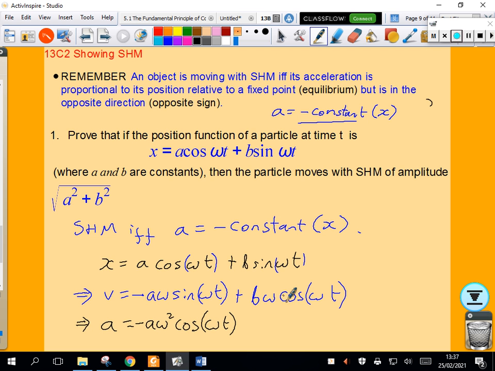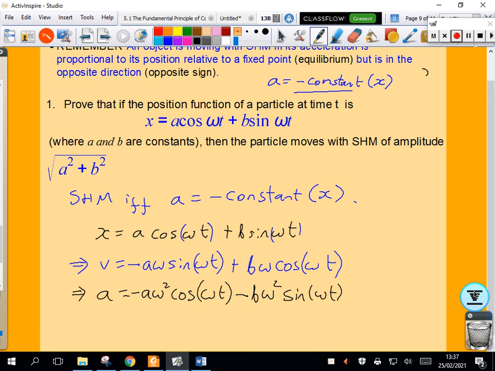Similarly, taking the derivative of cosine, that's going to change the sign to a negative. Using the chain rule, I'm going to get sine of the argument times the derivative of the argument, which will be omega. Omega times b omega is going to be b omega squared. So differentiating those two things you should be able to do pretty efficiently at this stage.